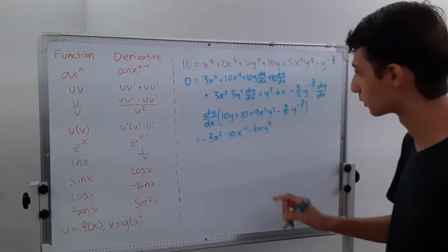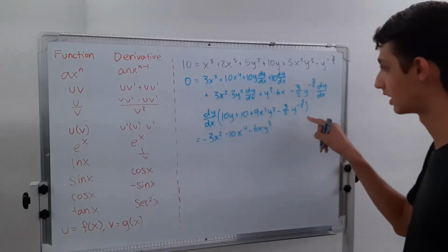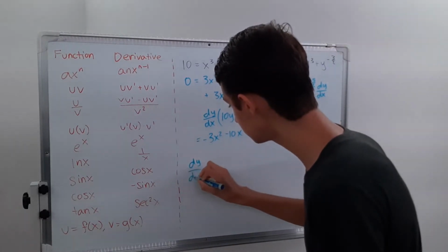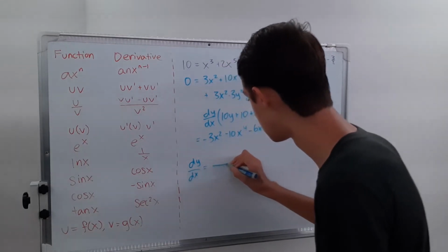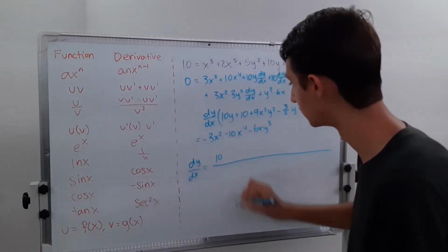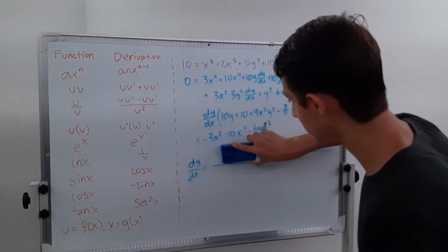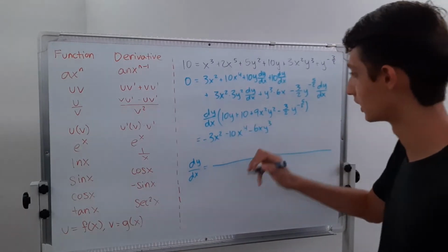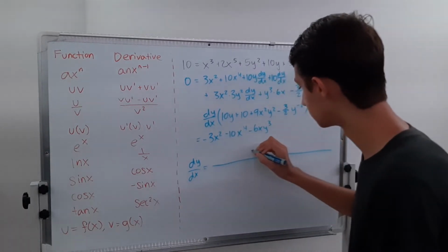And then we're going to divide by this entire expression. And so then dy dx is equal to, so let me just write the top here, we write out this here because we're doing this divided by that. So let me kind of just center it here.